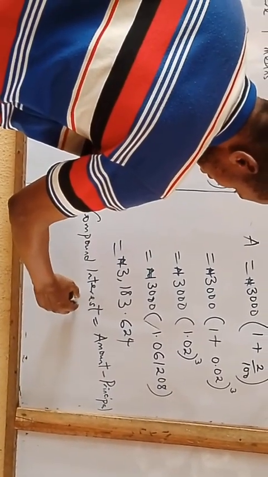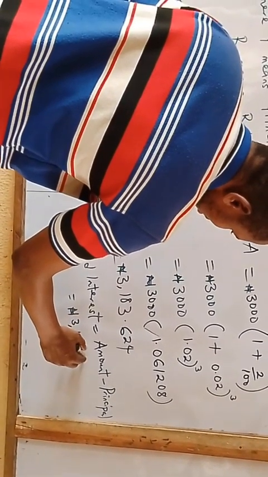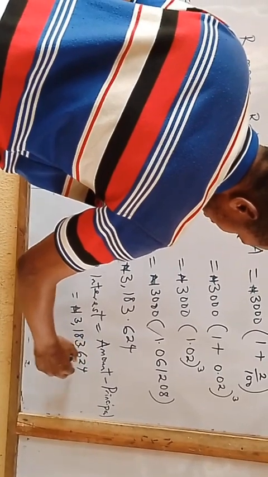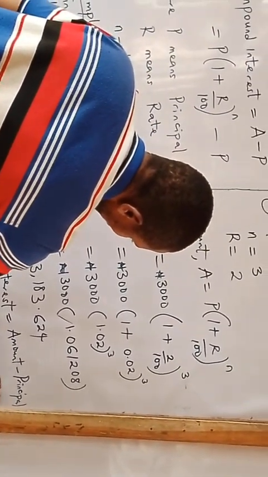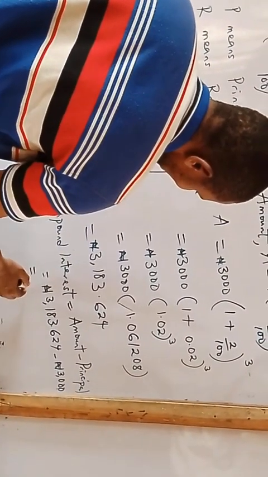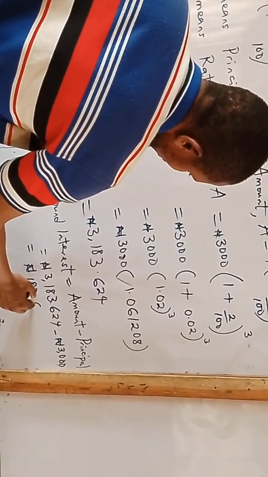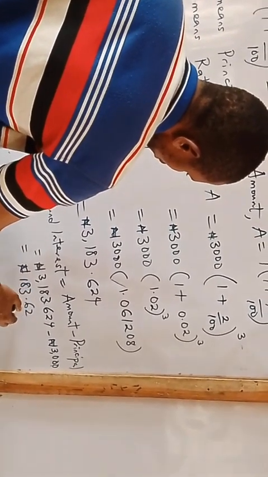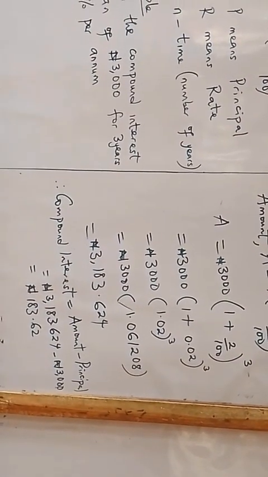So this will give us 3,183 naira 62.624 minus 3,000, which is our principal. So the final answer here will be 183 naira 62 kobo. So that's our final answer for the first question.